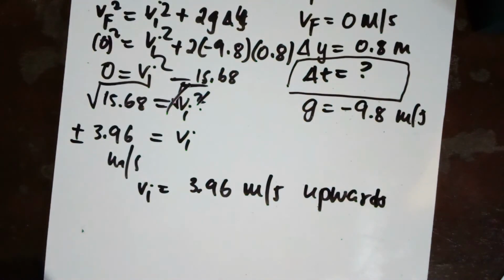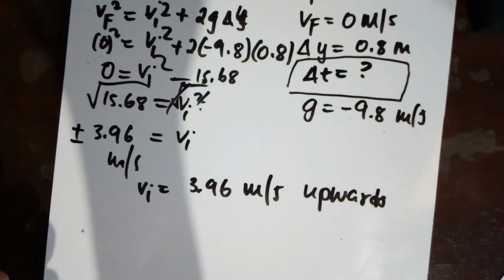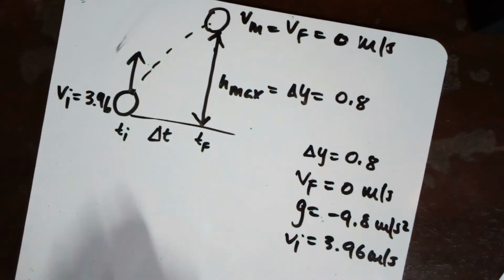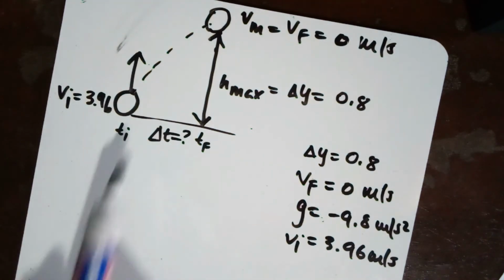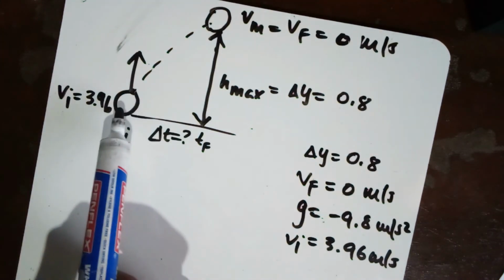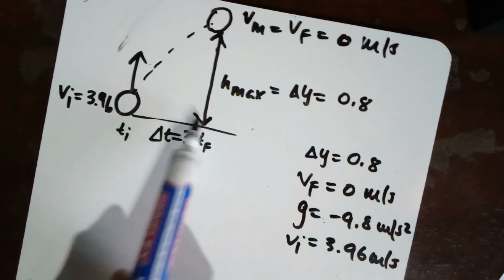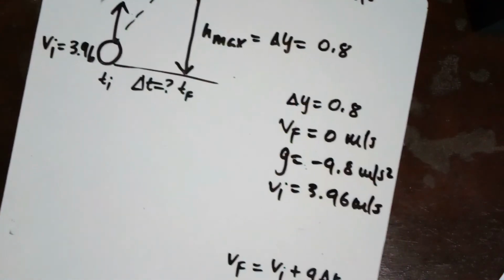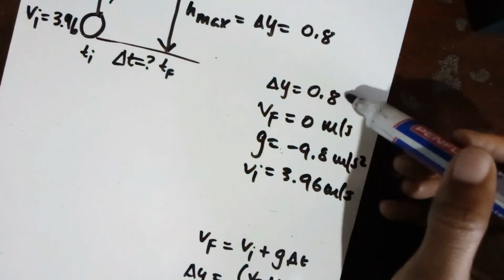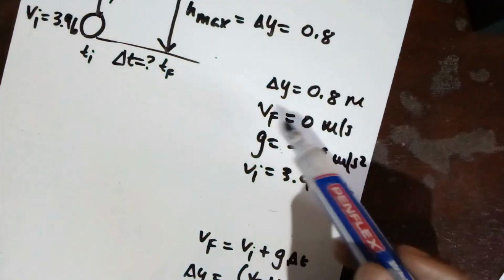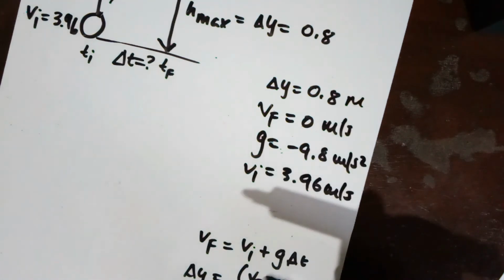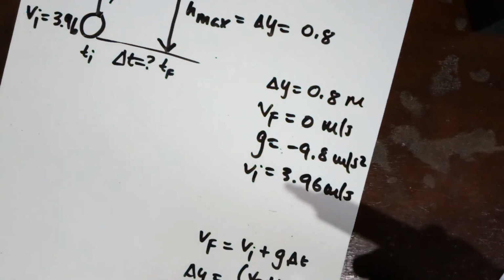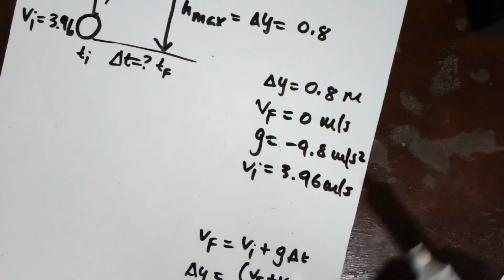So now let us try to answer the second question. The second question wants us to calculate the change in time, the time it took for this ball to move from its initial position to the final position. And if you see, we have most of everything. We have the change in y, Vf, g, as well as Vi, because we just calculated the initial velocity.